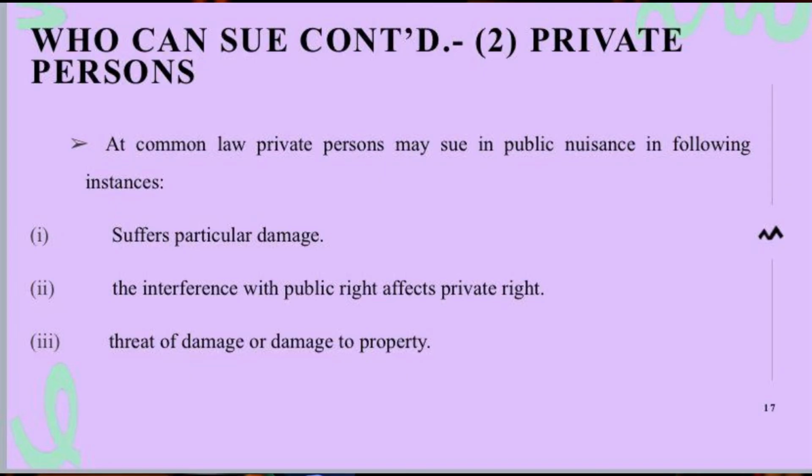Number one, where the person has suffered particular damage. Number two, where the interference with a public right affects that person's private rights. And thirdly, where there's a threat of damage to that person's property.